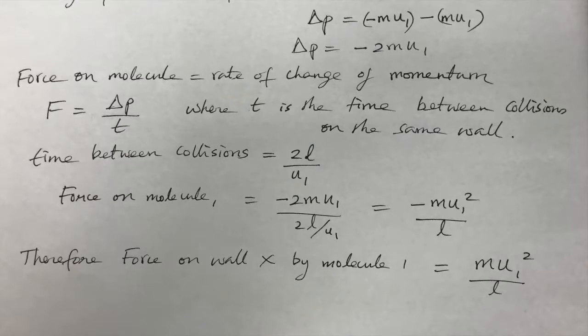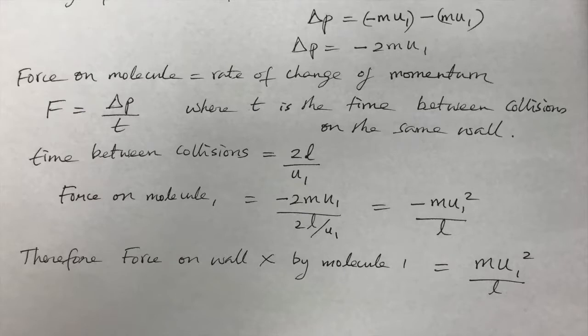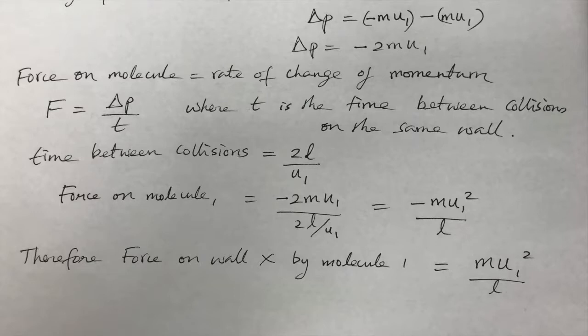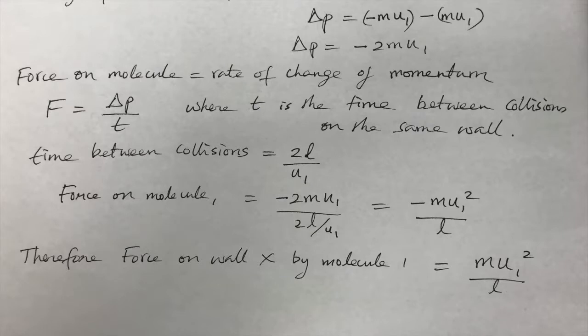The force on the molecule is this way, and therefore the force on the wall should be positive. By the time you finish this kinetic theory, you will almost review a lot of your kinematics, because that's what you've done. This is the force on molecule 1, which is negative m u1 squared over L. Therefore the force on wall X is just the positive of that.